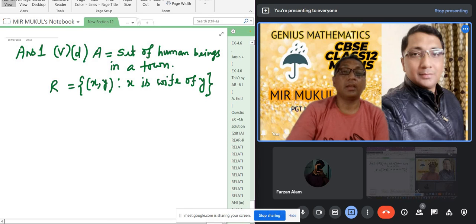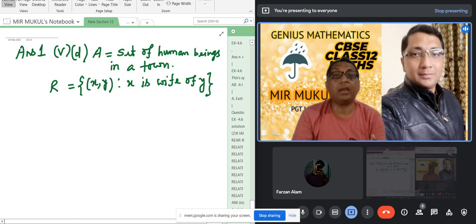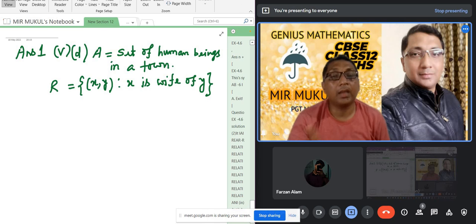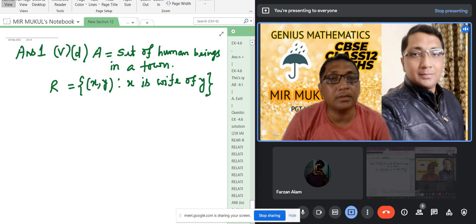That means A equals the set of human beings in a town. So you are taking ordered pairs so that X will be the wife of Y. You can collect many families of this type, you will get husband and wife, and that will be the elements of that relation.